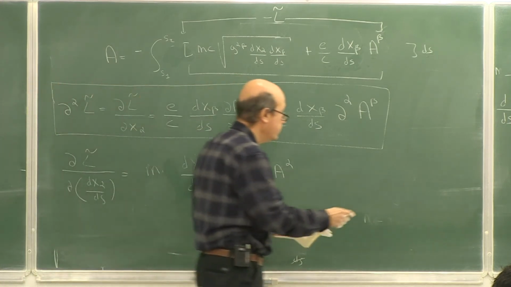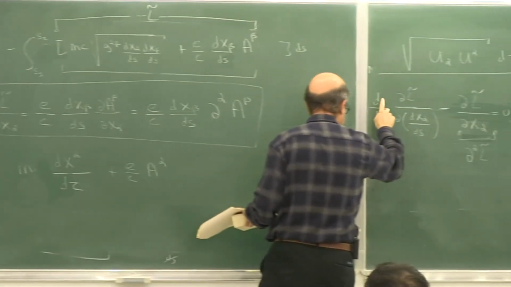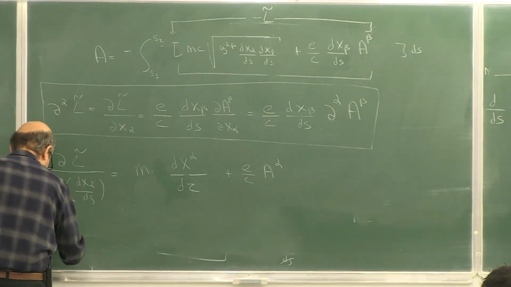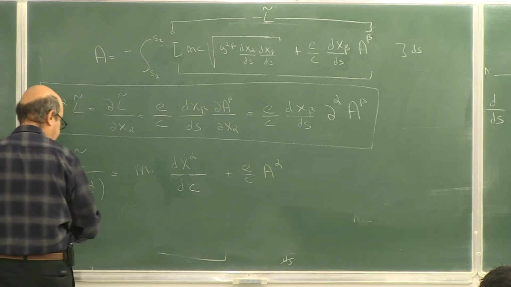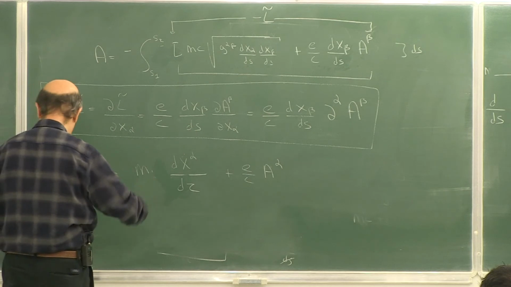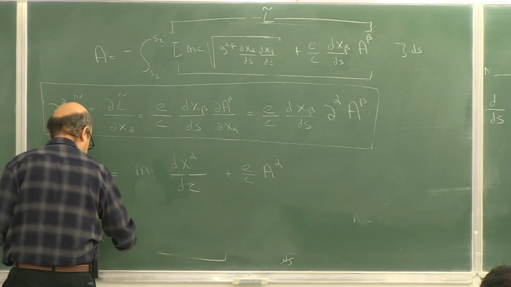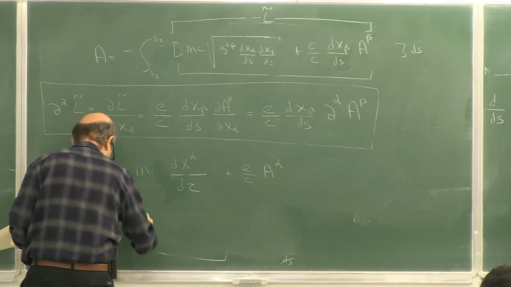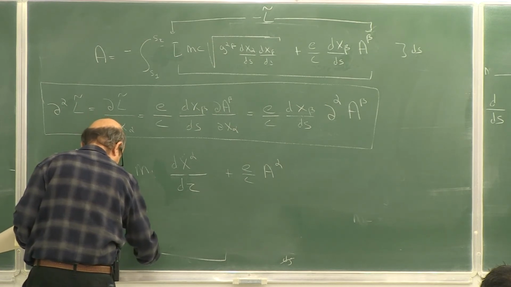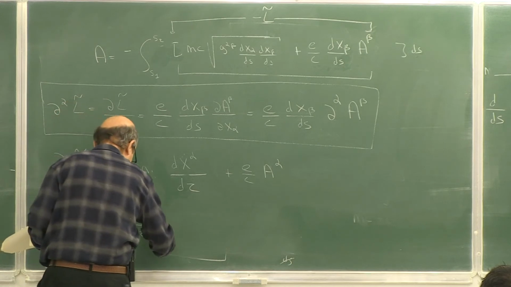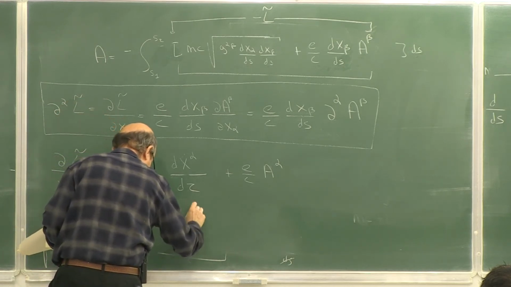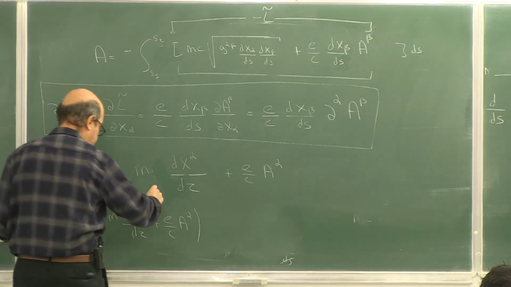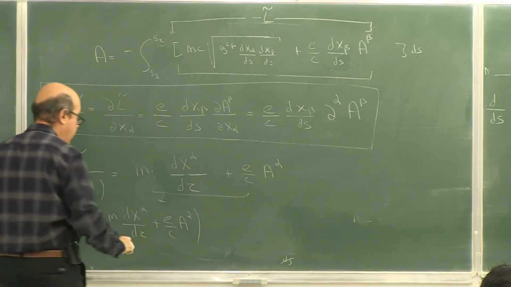So then plug this information in and take the derivative with respect to s. d over ds of this term, that is m dx alpha over d tau, plus E over C A alpha, d over ds of this term in here.